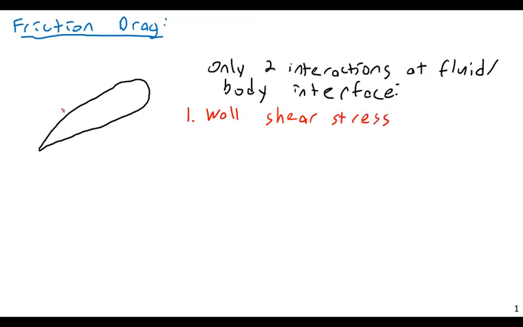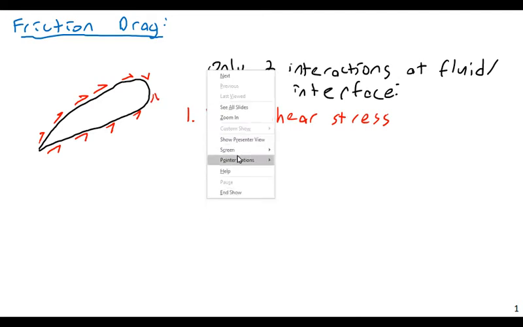So you may have some sort of shear stress between the fluid and the walls, between the fluid and the surface here. And this is a shear stress. It's a sliding stress. It's the frictional force of the fluid flowing past the object. That's the first potential force. And the second is going to be pressure, or normal force.